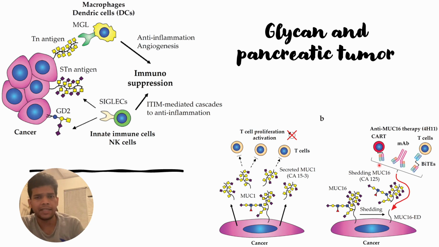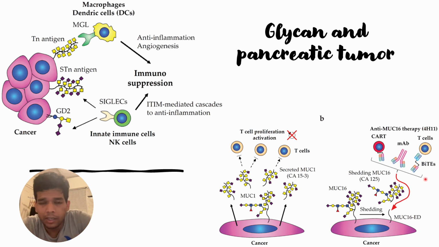In the case of CAR T cells, they use CD8 plus cells and induce them with the antigen that can detect the MUC16 ED, so that when these CAR T cells interact with the MUC16 ED, they can act on the MUC16 which is just nearby to this MUC16 ED receptor.